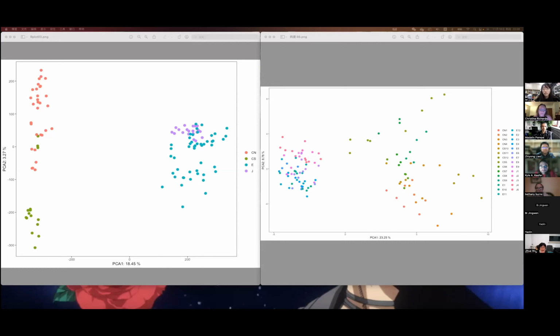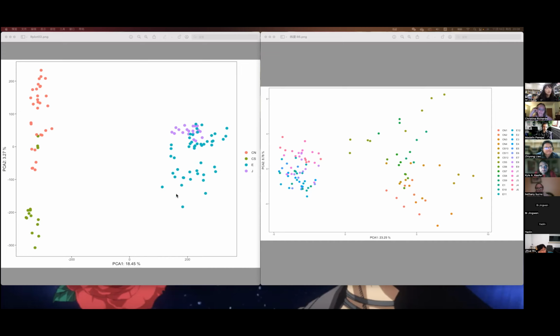Can you see my screen? Yes. There are two pictures. On the left are almost 100 individuals from China. The red is South China individuals, and the green is North China individuals, and E is for Europe and G for Japan.